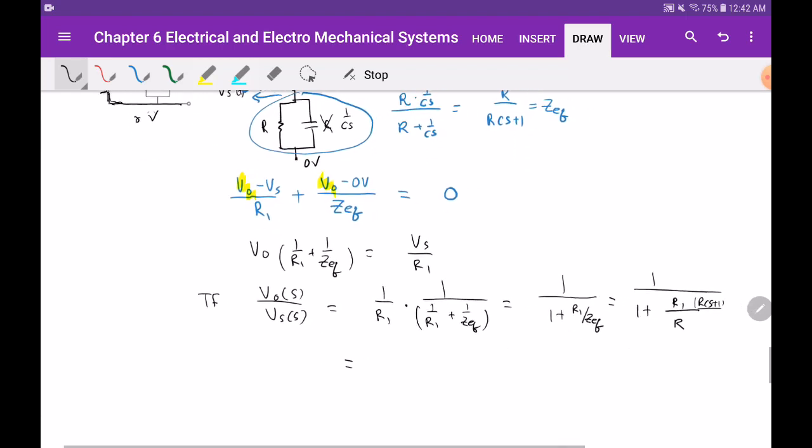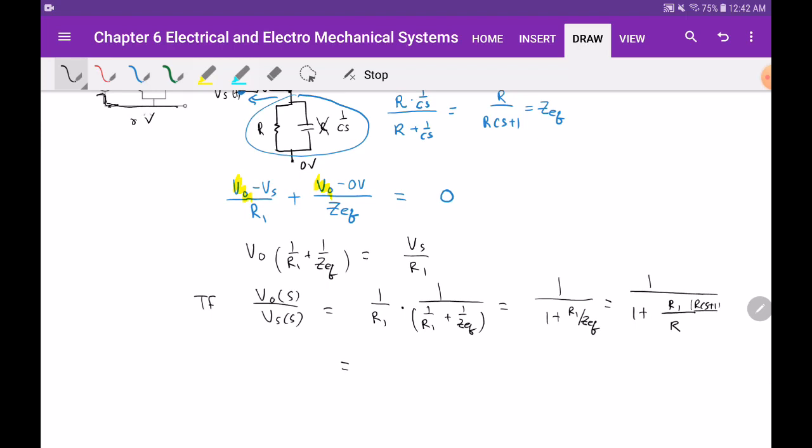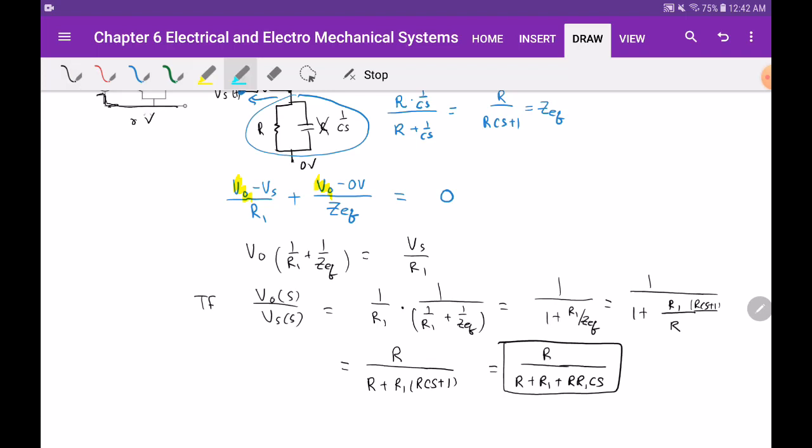I'm going to multiply top and bottom by R, so you have R divided by R plus R1 times RCS plus 1, or that's R divided by R plus R1 plus R1 CS. So this is your answer right there.